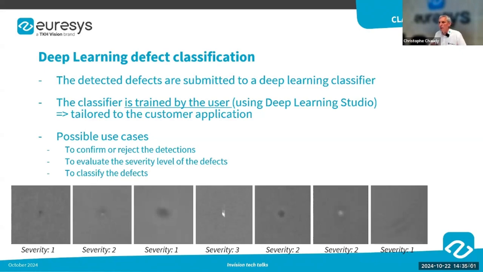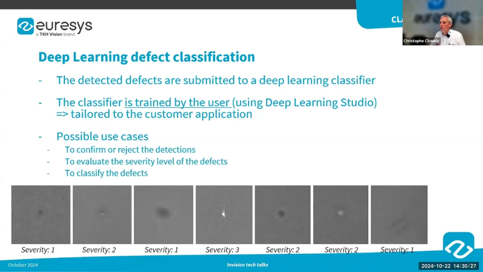And so after we extract candidates, and so defect candidates, we can use deep learning classification. And there are several motivations to do that. First, the classifier here will be trained by the user. And we learned that depending on the industry, users have very different objectives.